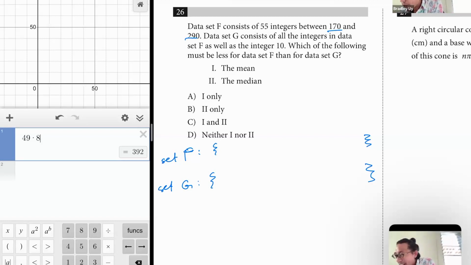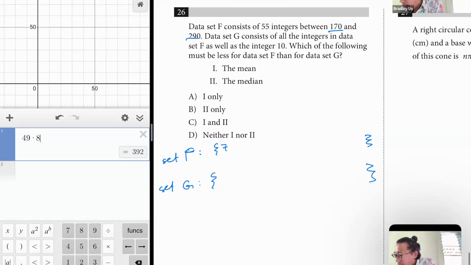They could be any numbers, really, and I could illustrate that with having them all be 170, but just to make things a little interesting, let's say the lowest number, there's two 170s filled with random numbers in between, and the highest number is 280 on both sets. Set G is all of the same, as well as the integer 10. So we'll worry about that in a minute, but this is 280.